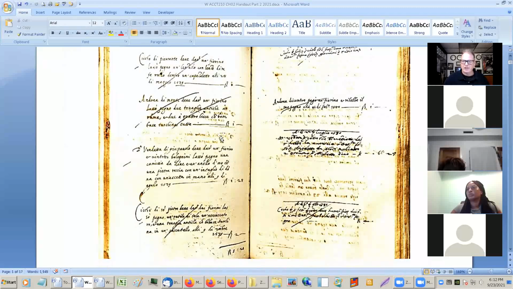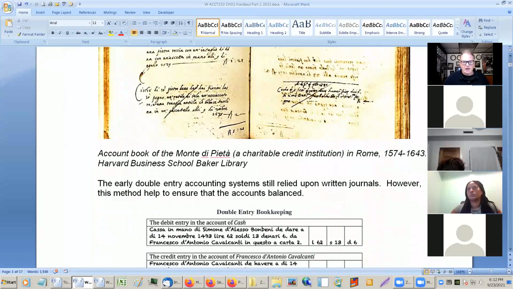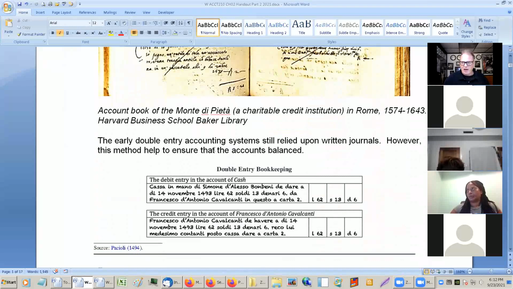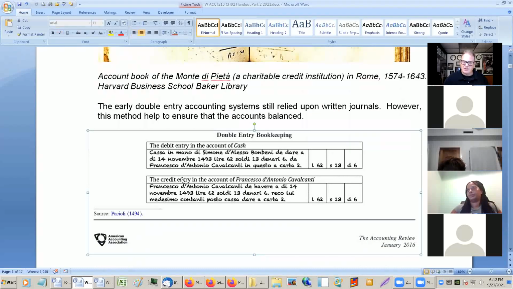It doesn't look like accounting really. As time went on, they got more refined, and finally they came up with the two-entry system. It was still cumbersome because they still had some writing, but it said that two things are going in, two things have to happen or else this isn't going to balance. We're going to be out of balance.